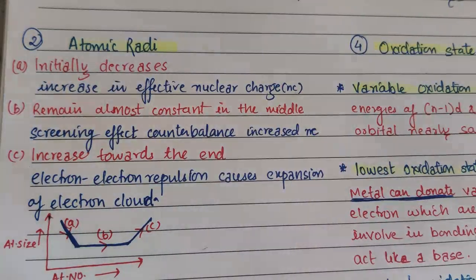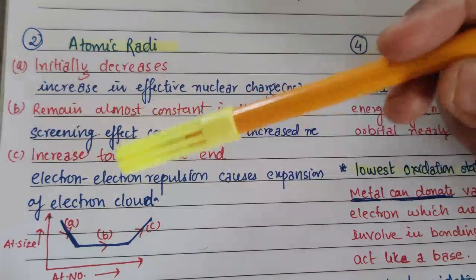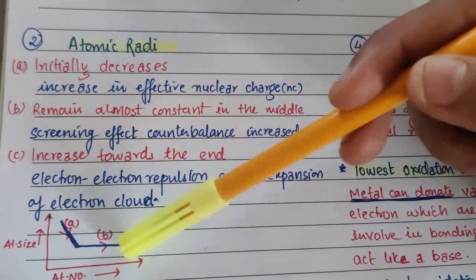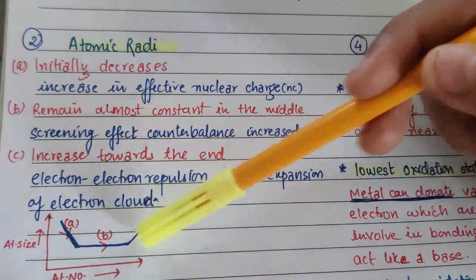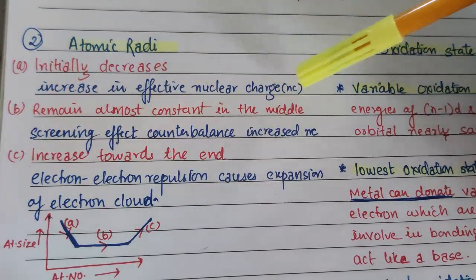Next important question is related to atomic radii: what is the trend of atomic radii in the transition elements? You can see here it first decreases, then becomes constant, and in the last it increases. There are three different reasons for these three points. Initially it decreases because of the increase in effective nuclear charge.